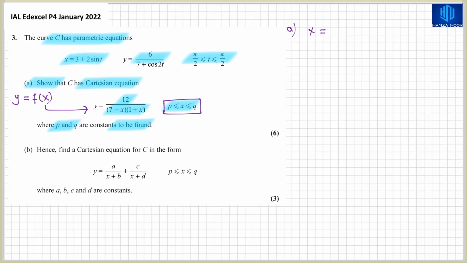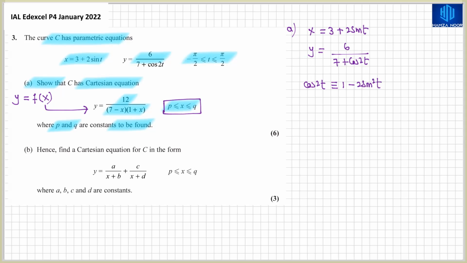x is equal to 3 plus 2 sine t. This is x as a function of t, and y is equal to 6 divided by 7 plus cos 2t. This is y as a function of t. As we know, cos 2t can also be expressed as 1 minus 2 sine squared t.